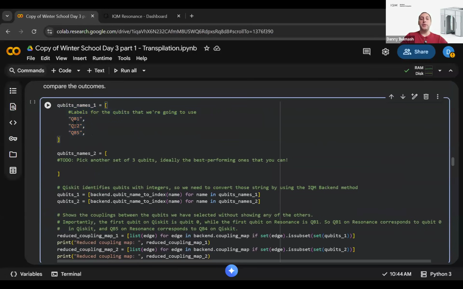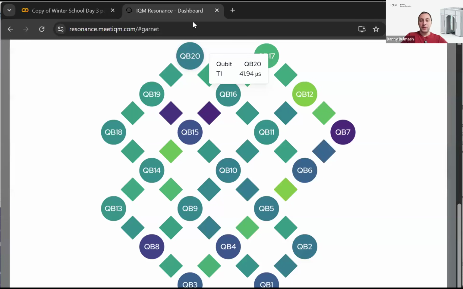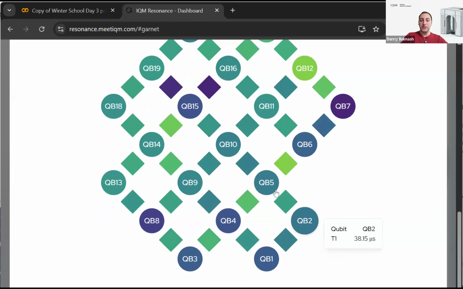One list of qubits we've chosen for you. It's qubits 1, 2, and 5. If you're working on Garnet, that's these three qubits here, 1, 2, and 5, and you see that they talk to each other.